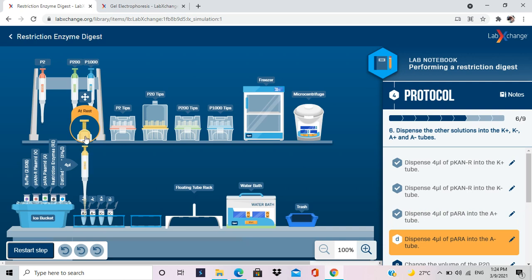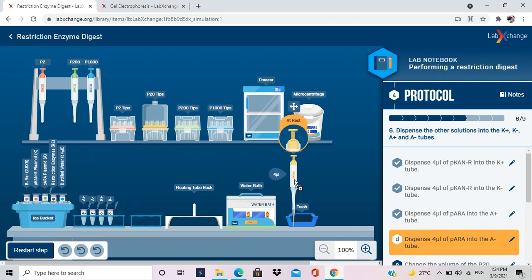For the second stop, I reject the tip and I repeat it again for the A negative tube.